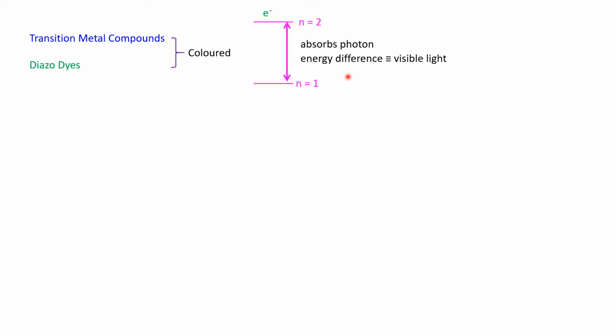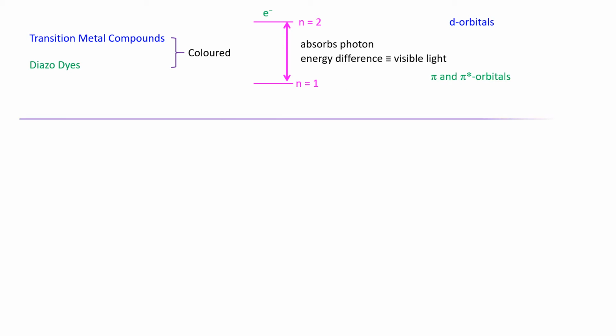Now, of course, for transition metal compounds, we were talking about those orbitals being d orbitals. And for diazo dyes, we were talking about them being pi and pi star orbitals with that extended delocalized pi system, you might remember. So you're very, very familiar with the idea of electronic spectra, in which an electron pops from one energy level to another because the energies allowed to electrons are quantized.